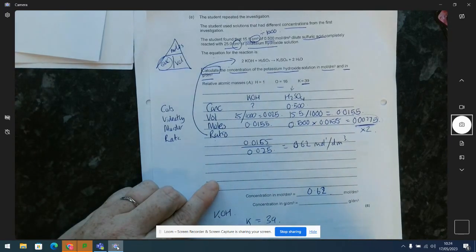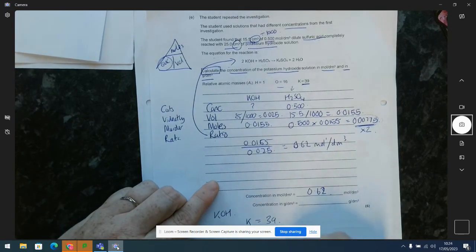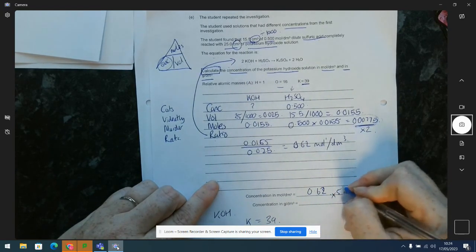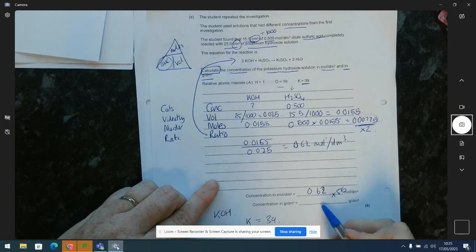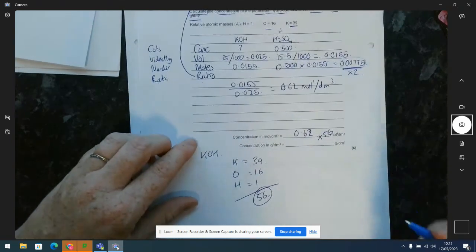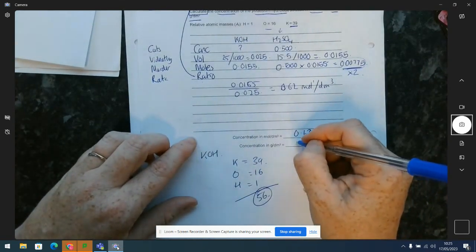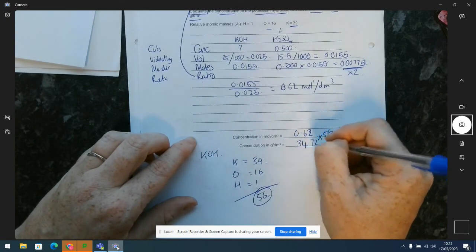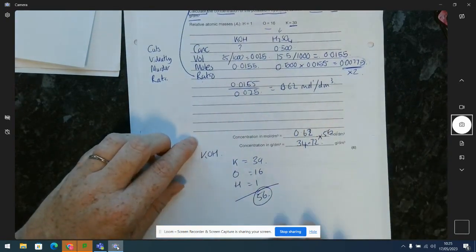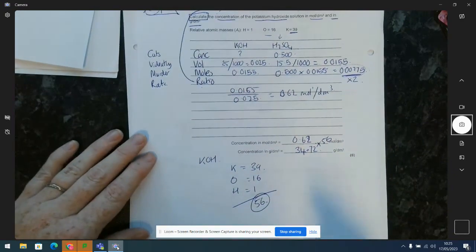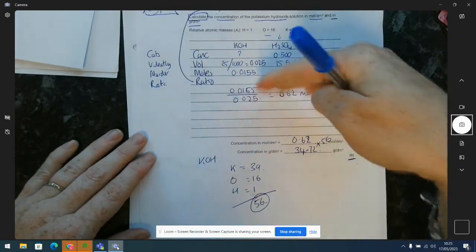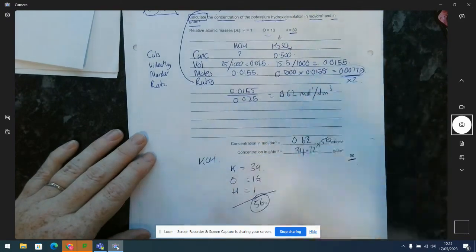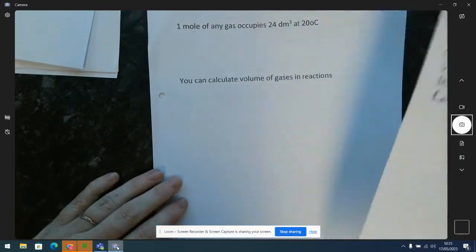So I just add all those up together, and that should give me 56. So I then times that by 56 because that's how you convert it into grams per decimeters cubed. And that gives me a concentration in grams per decimeters cubed of 34.72. So lots to do there, lots of things to think about, but hopefully that's showing you how these 2 concentrations do in fact link together.